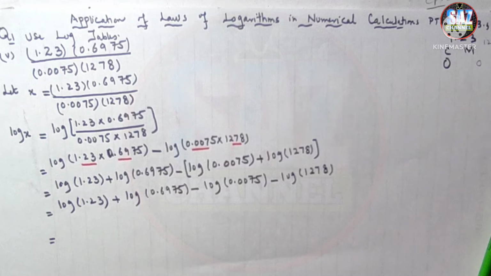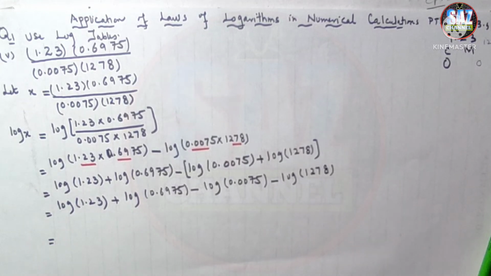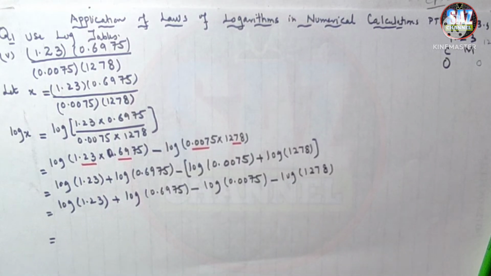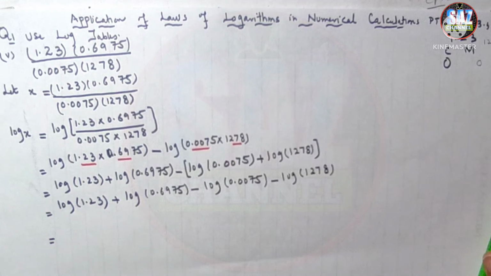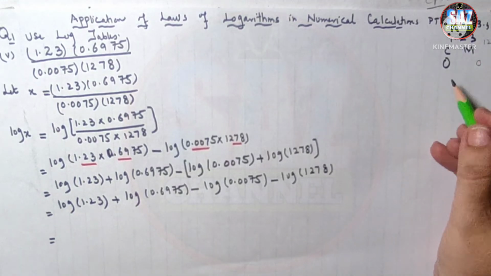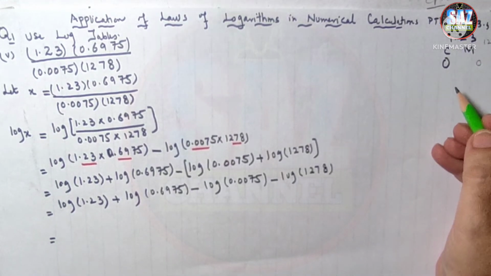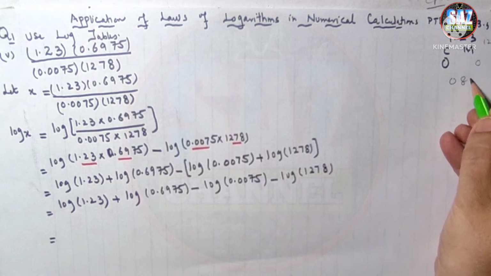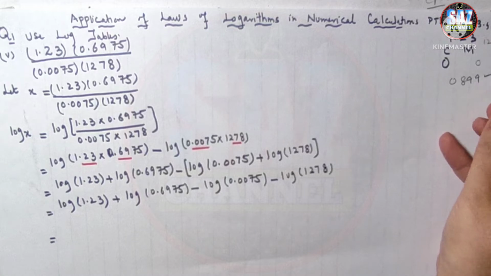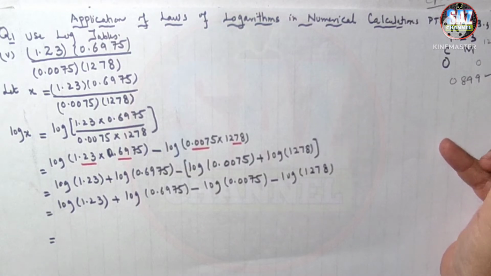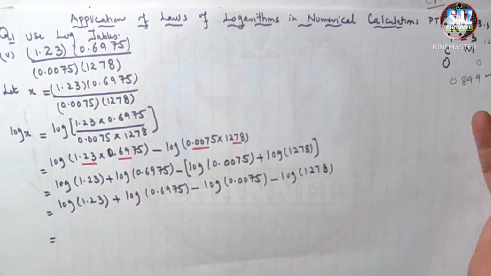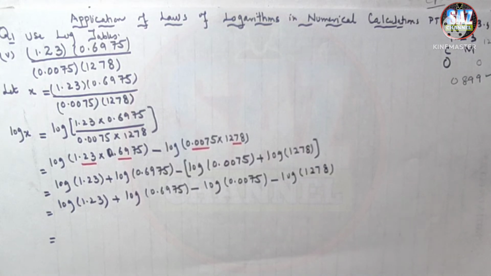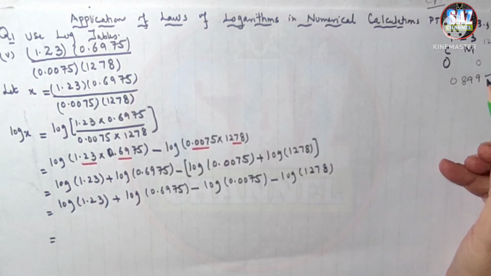There are only 3. So let me locate 12 in the column of 3 in the log table carefully. So 12 in the column of 3 is giving me 0899. Let me see, yes, 0899. Okay, 12 in the column of 3 is giving me 0899, and now the characteristic of this question is 0.